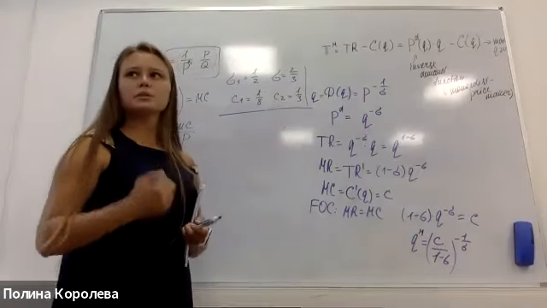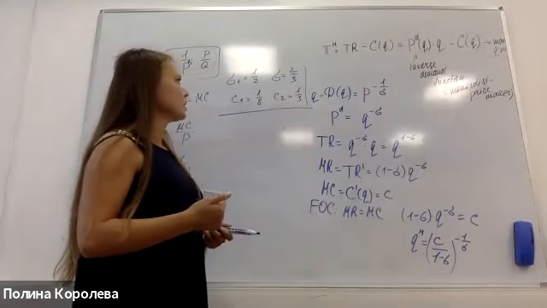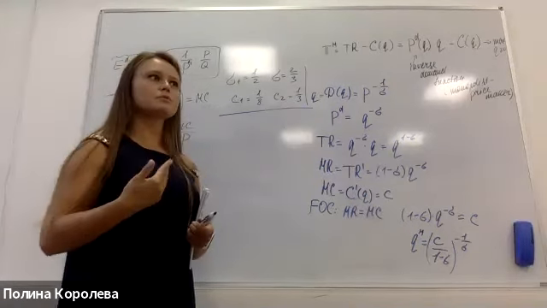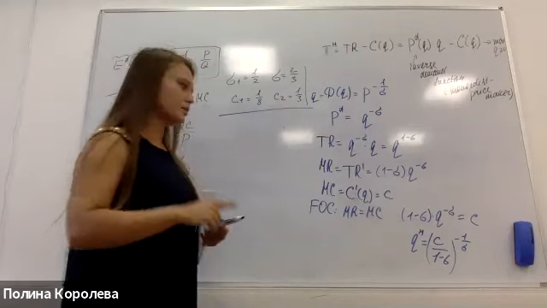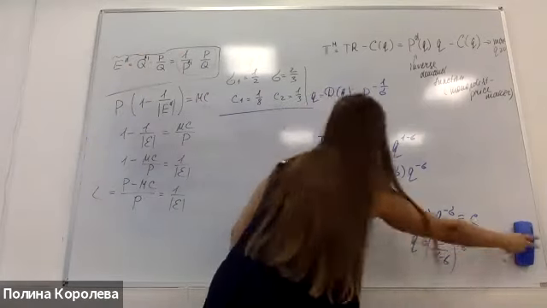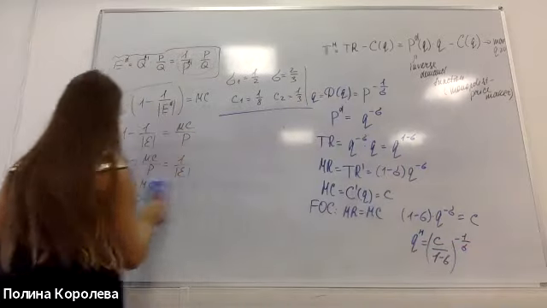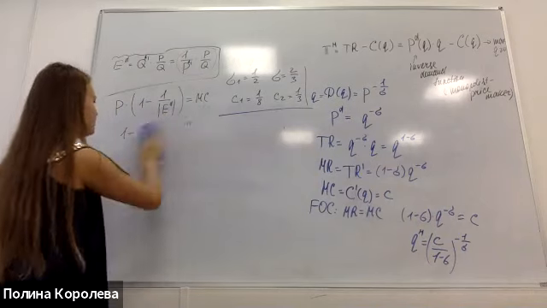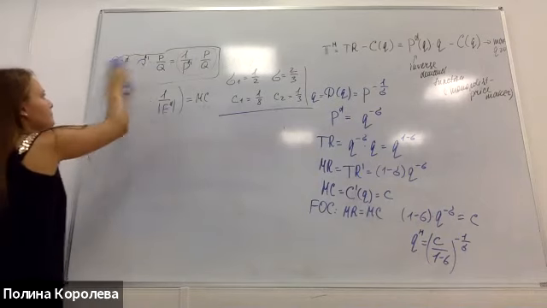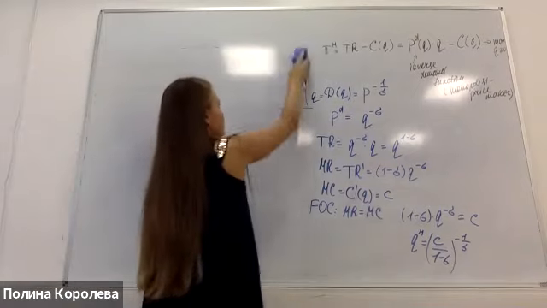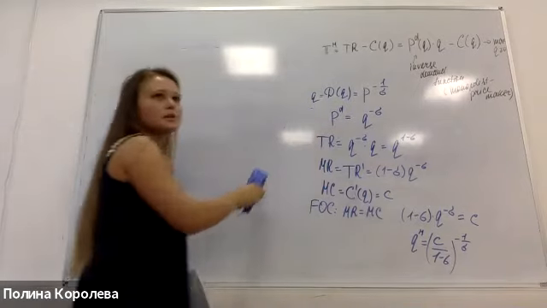Then the monopolist asks himself, what will be the price? The price will be the maximum willingness to pay. So we should take this quantity and put it into the maximum willingness to pay, which is the inverse demand function.